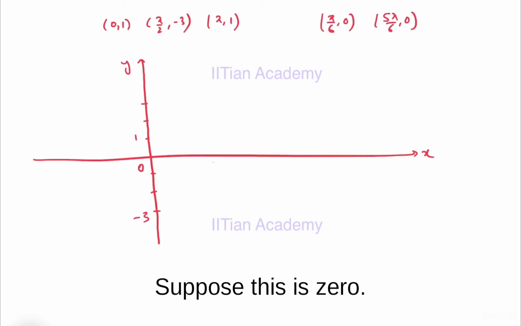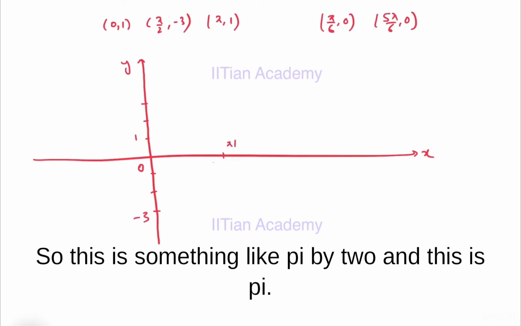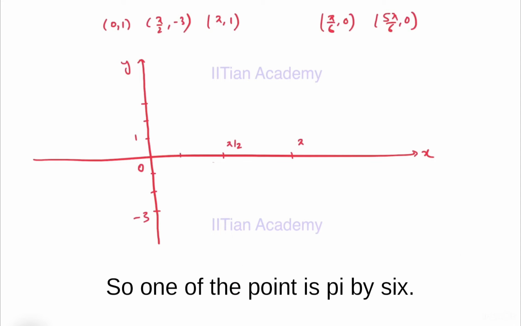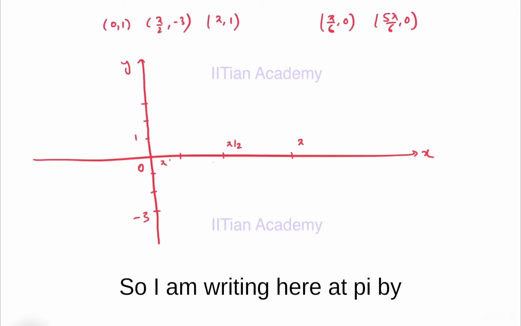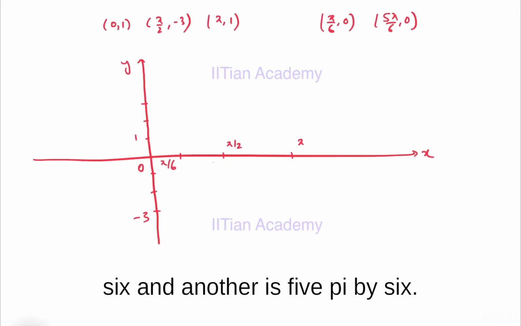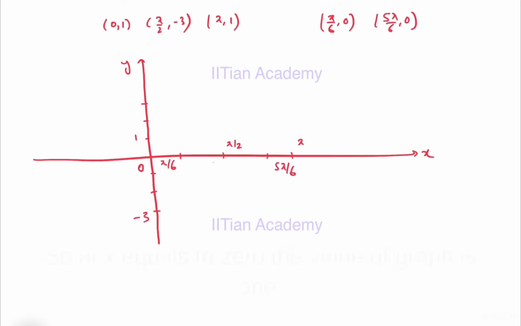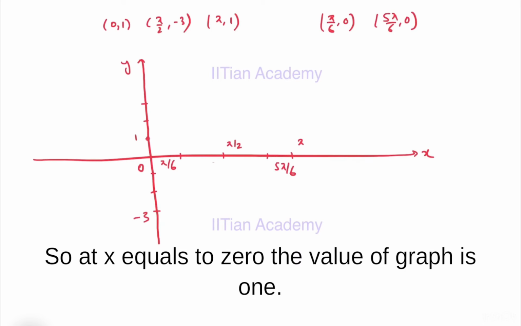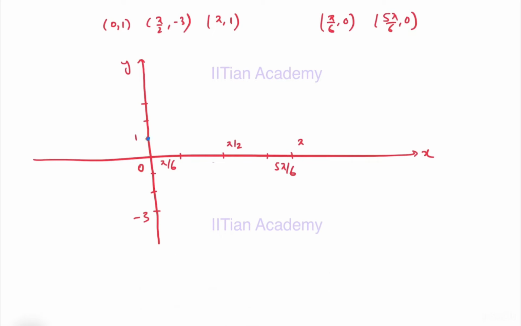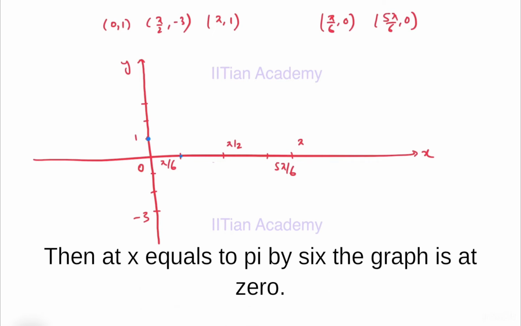Suppose this is 0, so this is something like pi by 2 and this is pi. So one of the points is pi by 6, so I am writing here pi by 6, and another is 5 pi by 6. So at x equals 0, the value of the graph is 1. Then at x equals pi by 6, the graph is at 0.